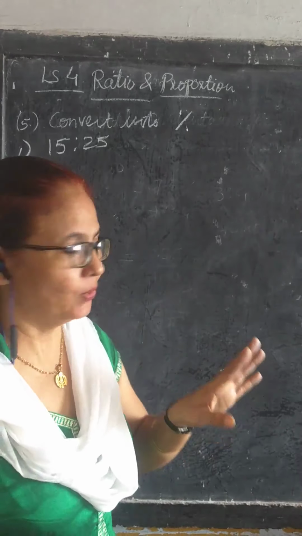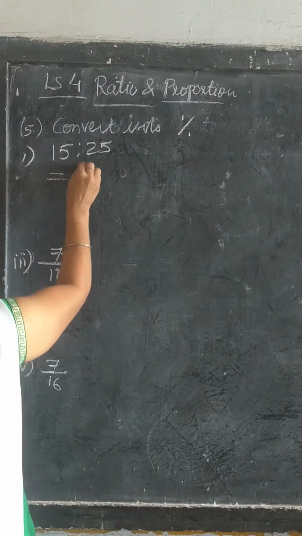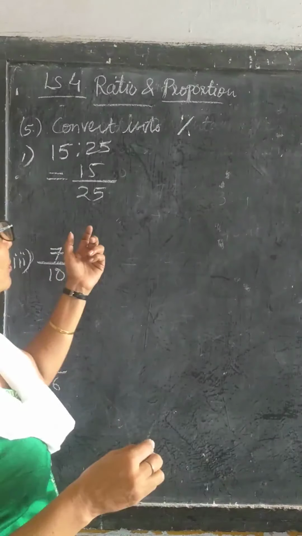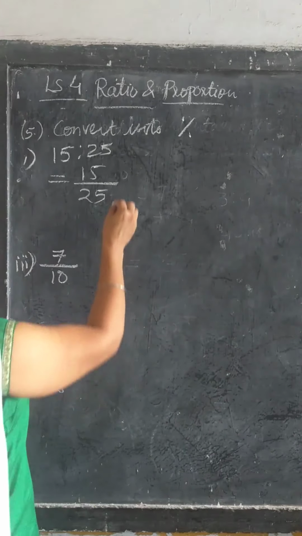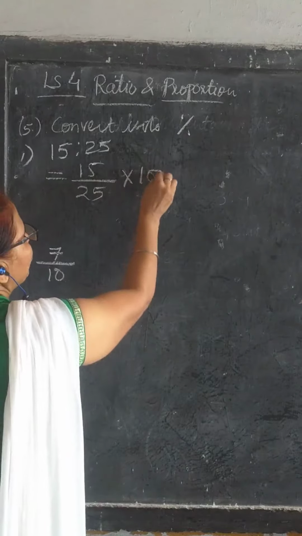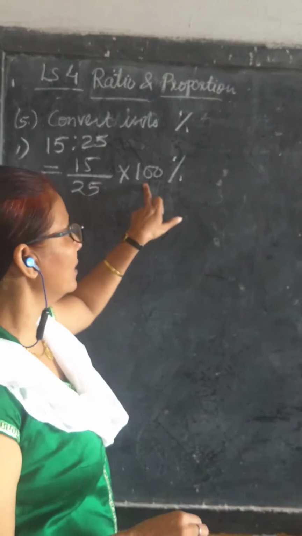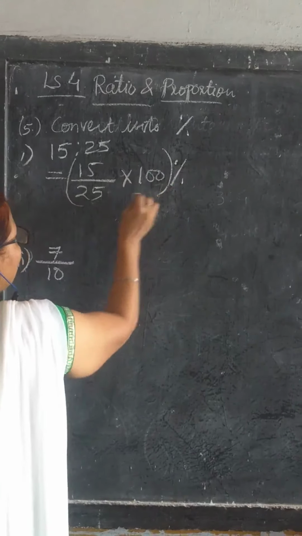You want 100. So first this ratio we write as a fraction, 15/25. Now to convert any ratio into percentage, simple is what? Always you have to multiply with 100%. Now let's simplify.